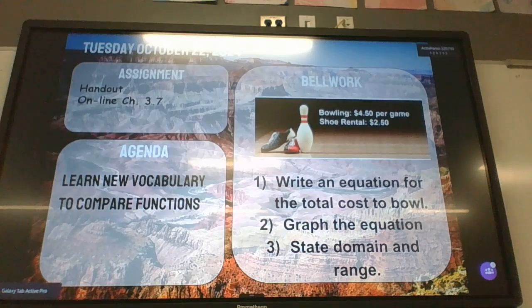I want to remind you about how to make a graph. Remember, when you go to graph, you begin on the y-axis. You begin at the b value. In this case, it would be 0, 2.5, and then you move the m value. M for movement, and that's rise over run.